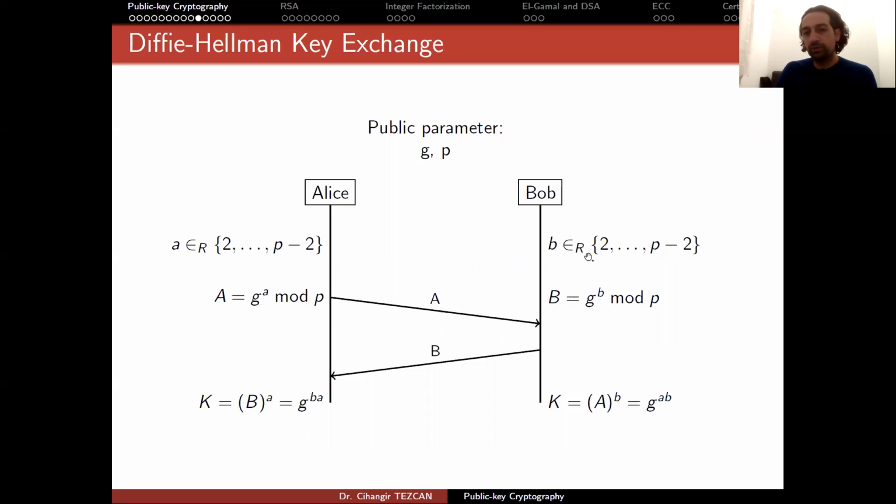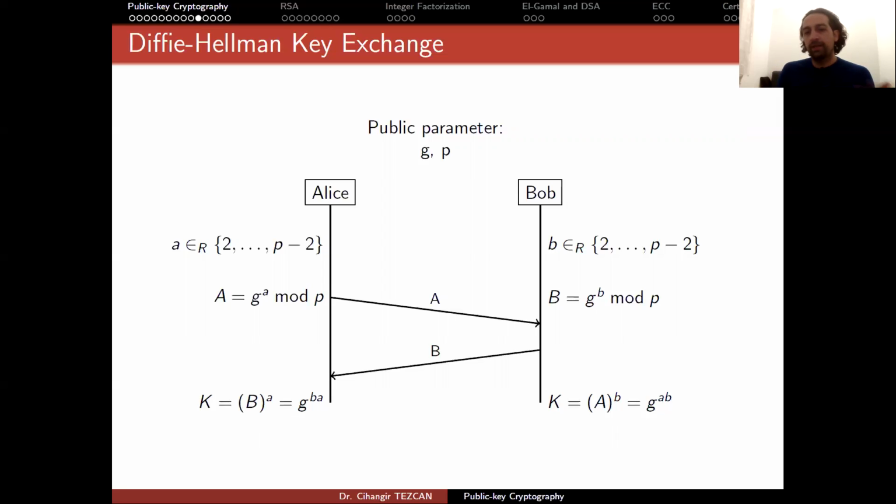And Bob chooses a random number b, computes G to the b modulo P, computes capital B, and sends it to Alice. So now B to the a means G to the ba, and A to the b also equals G to the ab. So they agreed on the same value.